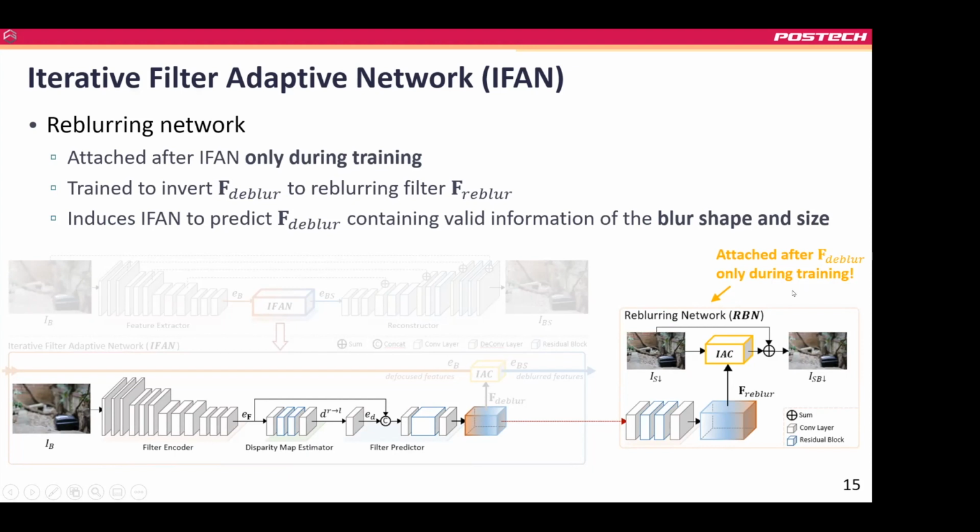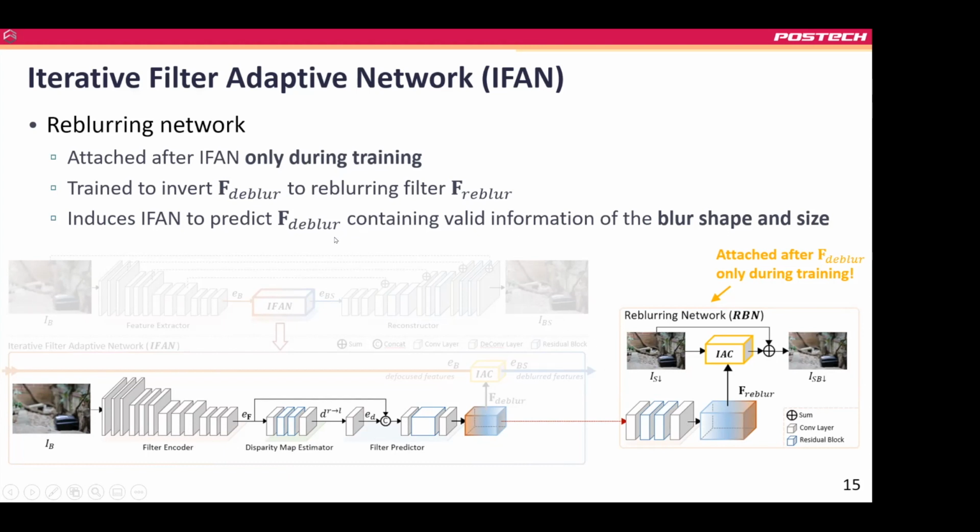The reason for this reblurring is that if we can successfully reblur the sharp image to the original input, that means this deblur filter contains enough information about the blur shape and size, right? Then this reblurring network can help to train our IFAN model to predict a more accurate deblur filter.